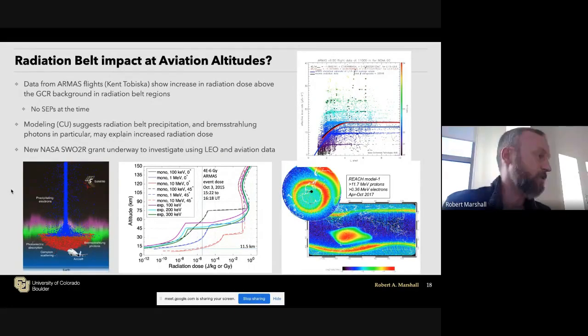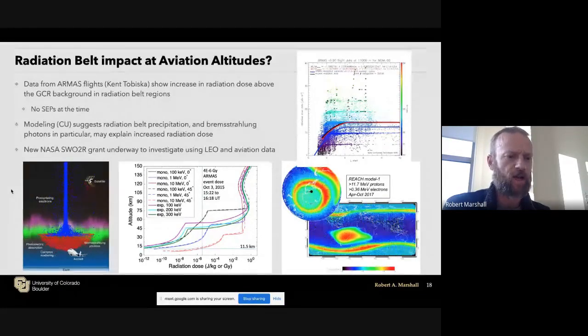And then I randomly saw him give a talk on this at the American Meteorological Society meeting, and showed him some of our simulation results of this low altitude Bremsstrahlung. And so we have since gotten together.